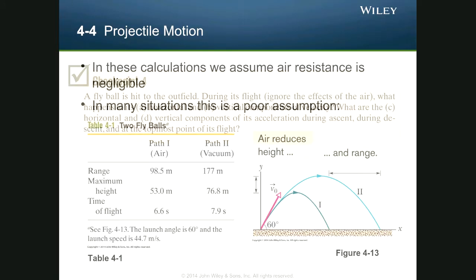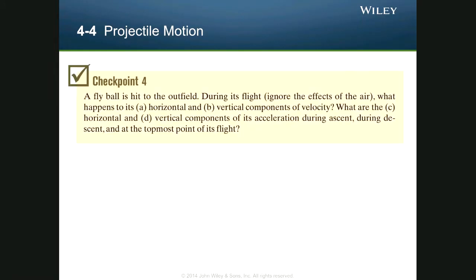So let's go forward. All right, let's do this checkpoint and talk about it. We have a fly ball hit into the outfield just like before, but you're going to notice we're going to ignore air resistance, right?